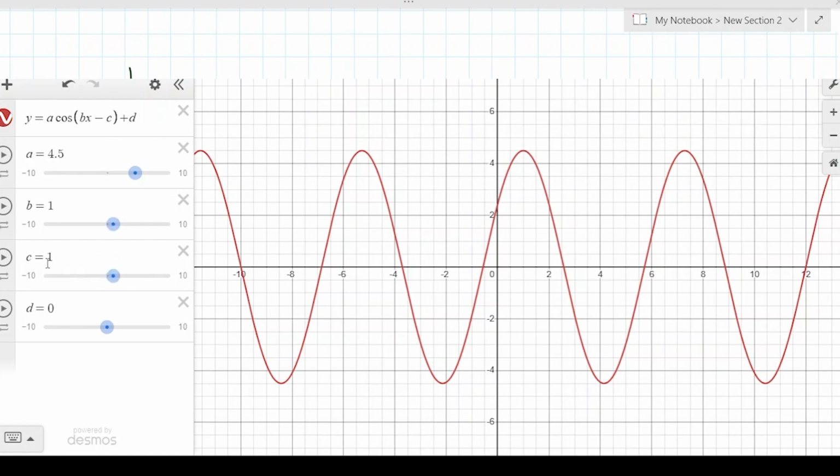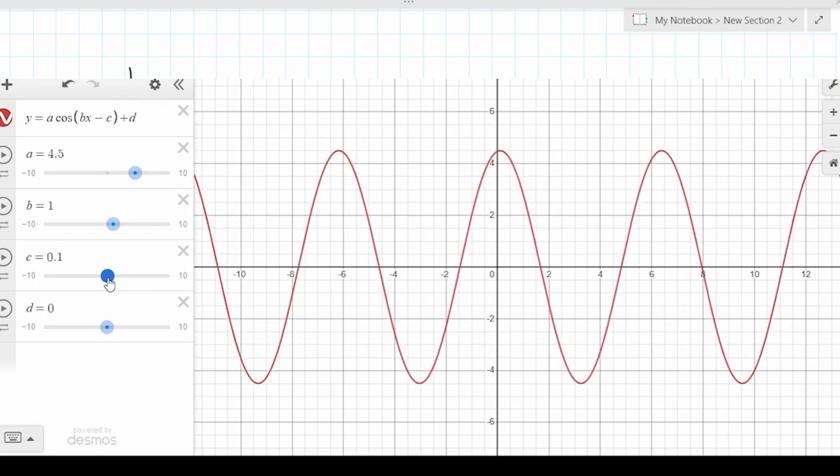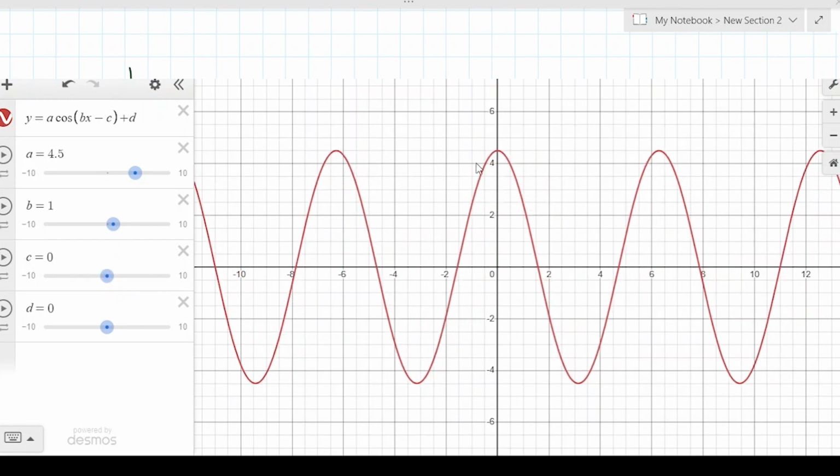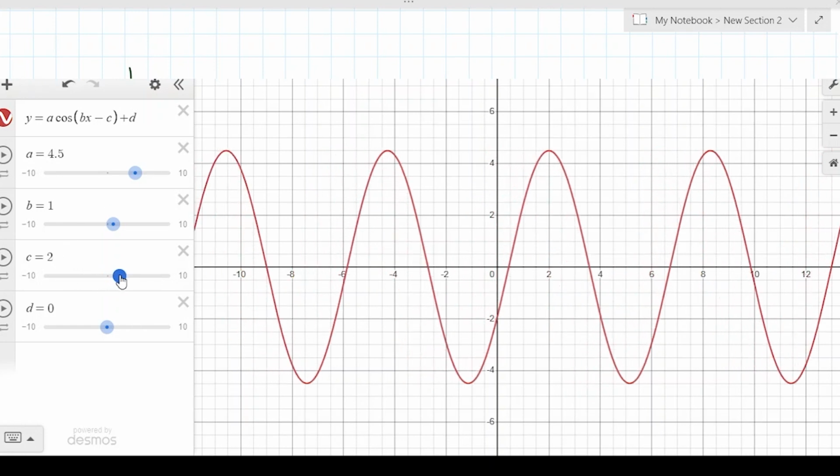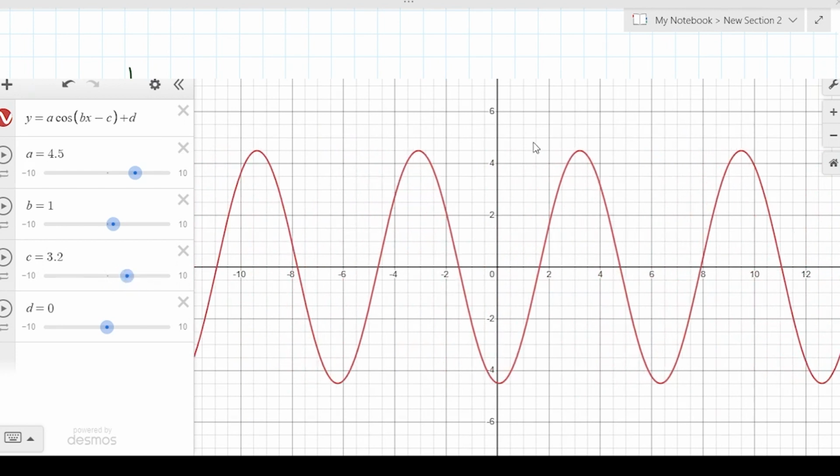If I change this value of C to 0, the same 4.5 is now exactly on this line. But if I increase the value of C, you can see that this peak is moving from here onwards this way.